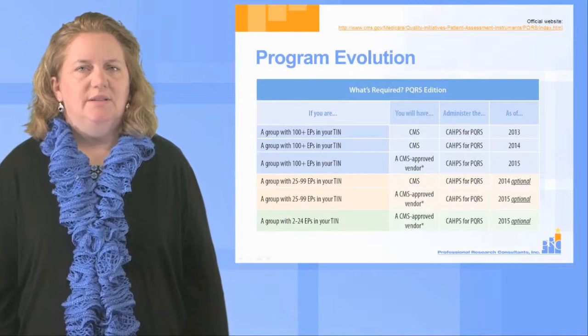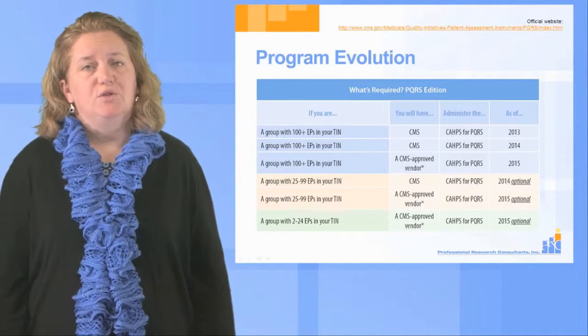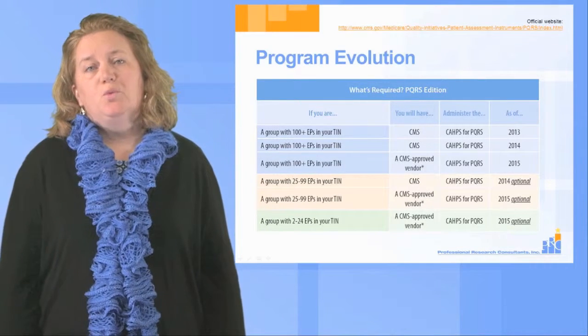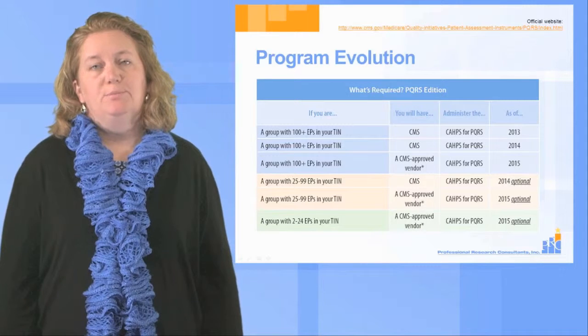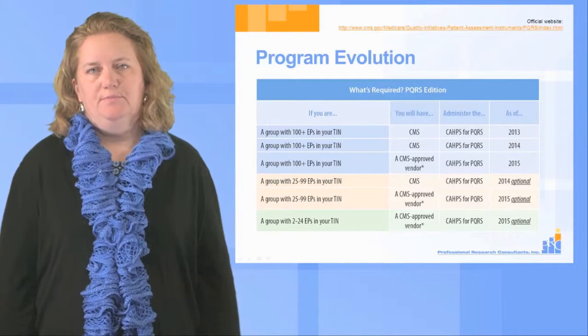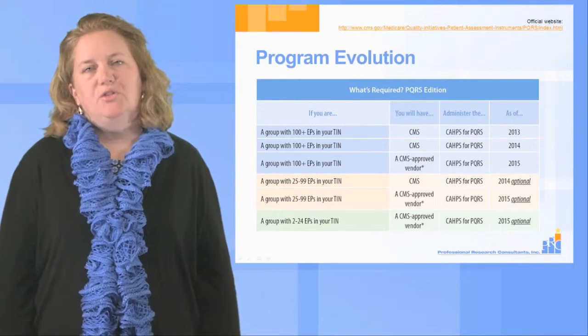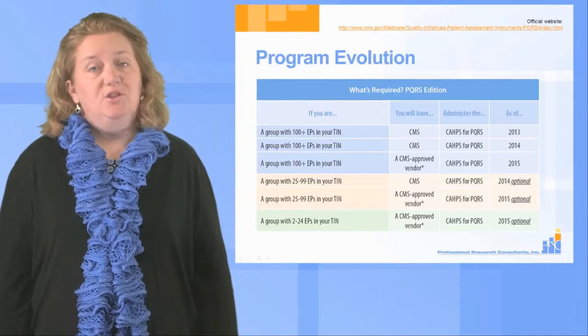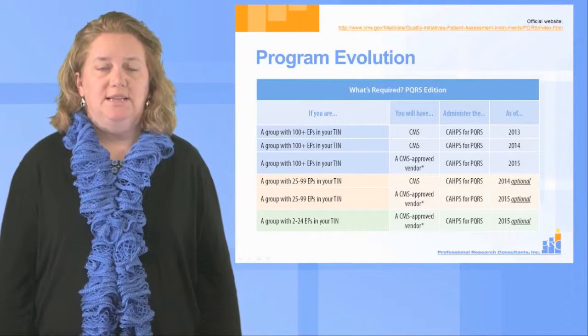CAHPS for PQRS requirement began with data collection for 2013 for groups with 100 or more eligible professionals billing under the tax ID number. CMS administered the survey at no cost to those groups, and you'll notice that this continues for 2014.